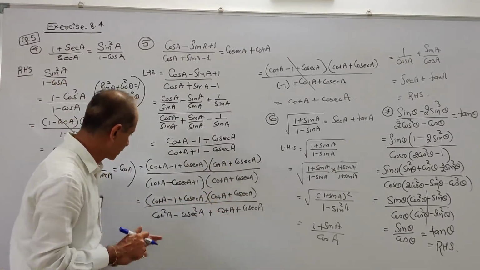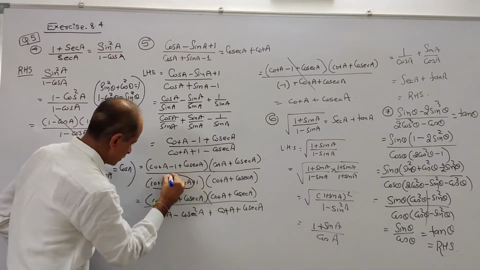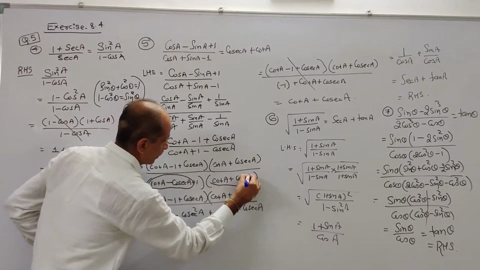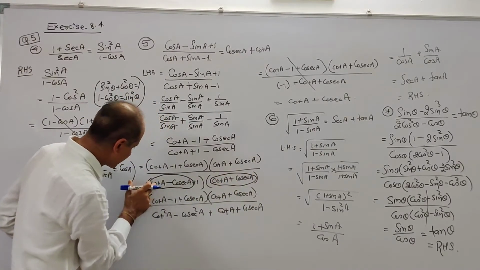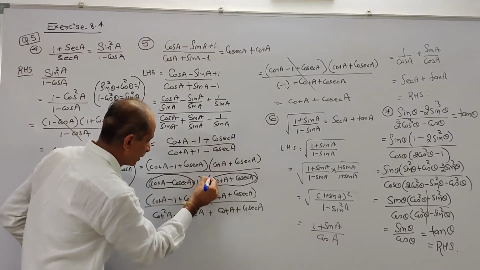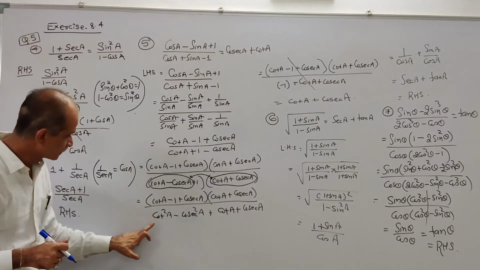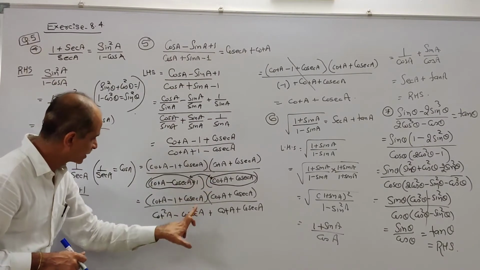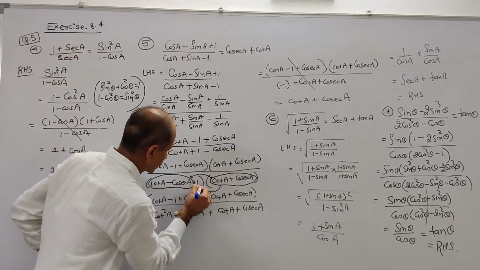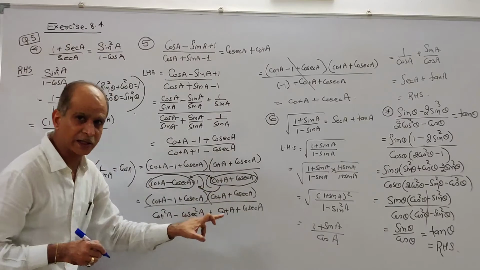In the denominator, if you multiply, cot A plus cosec A with cot A minus cosec A, here it is A minus B, here it is A plus B. If you multiply these two, you get A square minus B square, meaning cot square A minus cosec square A. And then you have to multiply with 1, so again you get plus cot A plus cosec A.